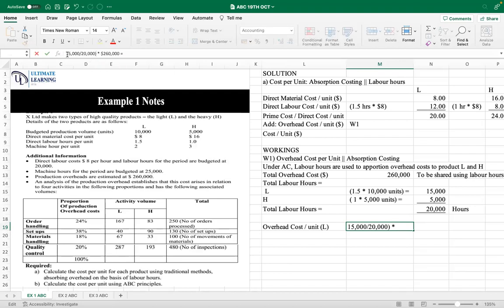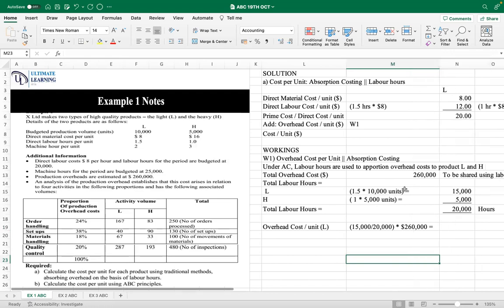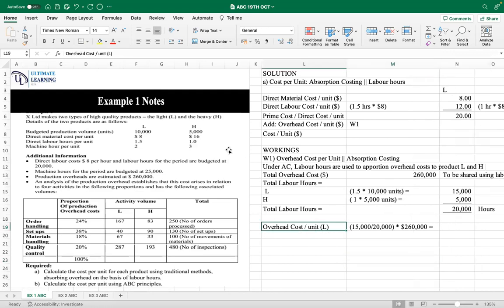Sorry, that gives overhead costs, not per unit. Per unit, you divide by the number of units. So overhead costs of L is that.